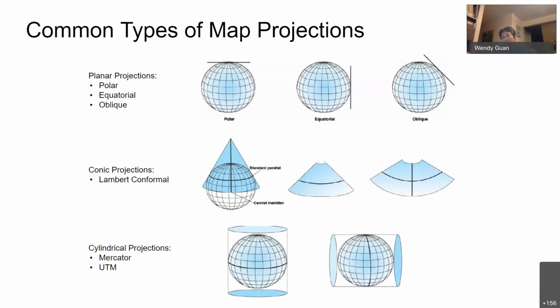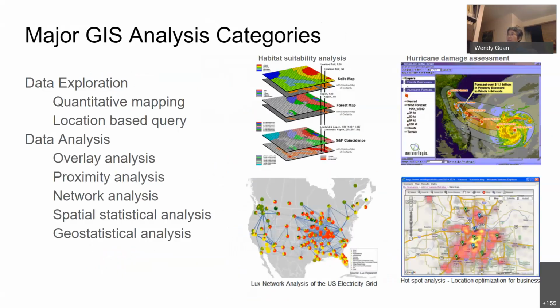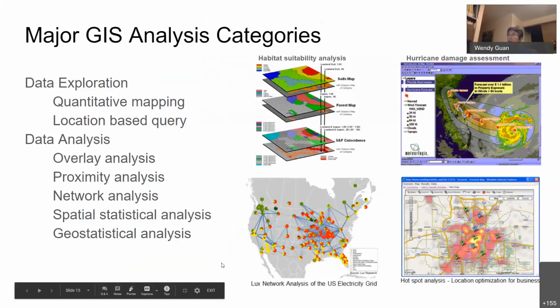Allow distortion in other unimportant areas by preserving accuracy on most important areas based on your purpose of the study. So these are many different ways. There are hundreds or thousands of different projection systems to help you project the ground to a 2D Cartesian system based on different objectives.